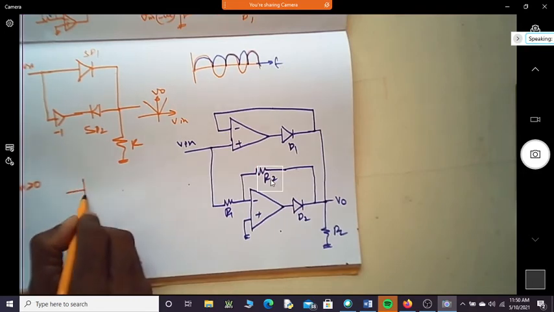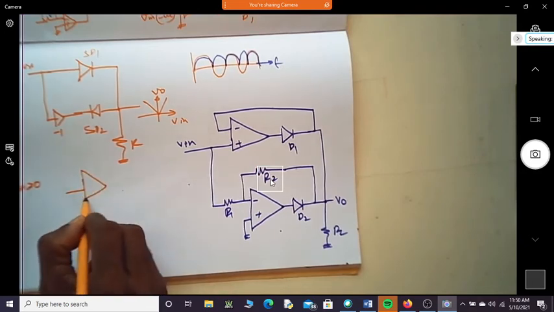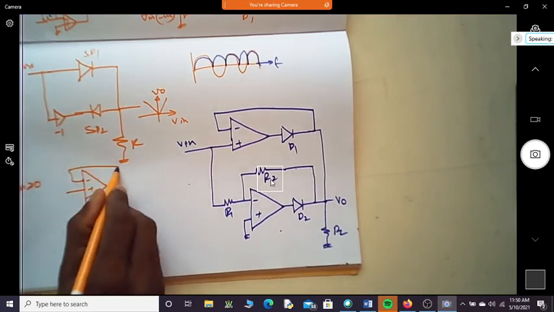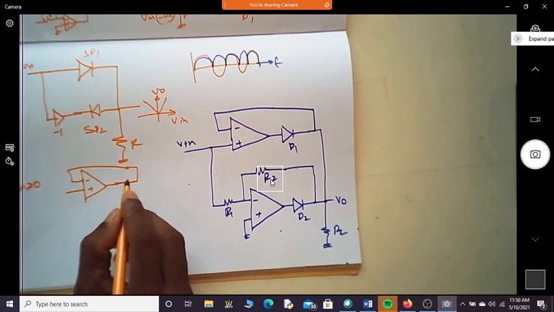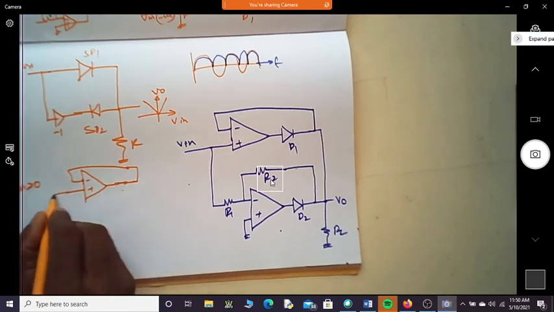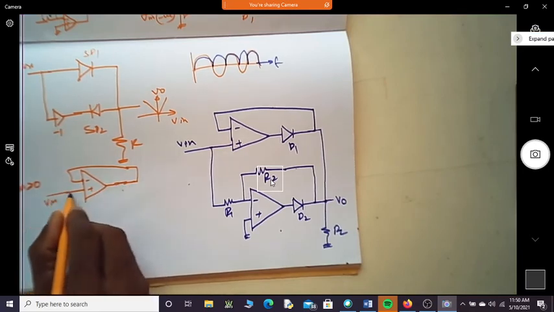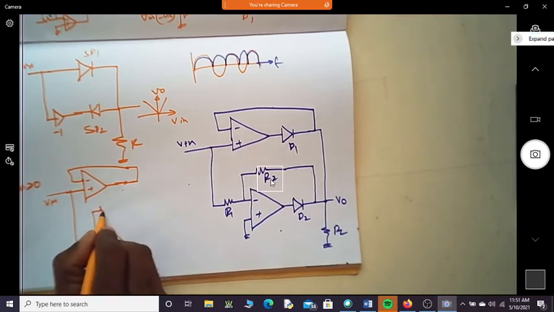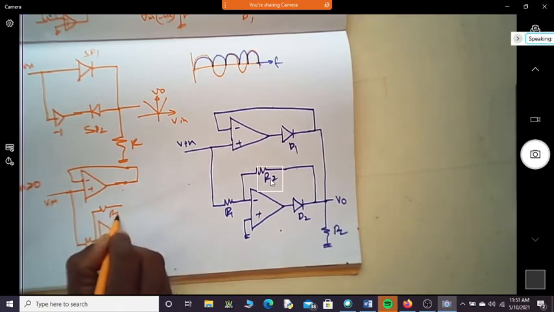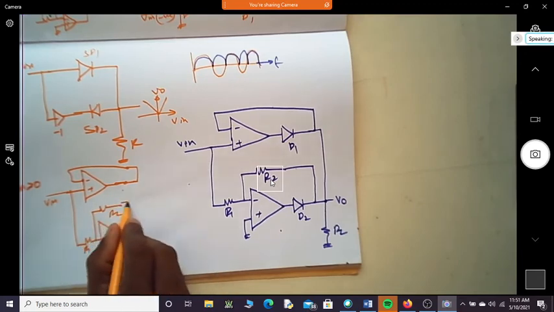So will I write it this way? Plus minus. This diode is on, and this is V in. Let me take the same V in, minus plus, grounded here. This resistor R1, R2. This is open now.